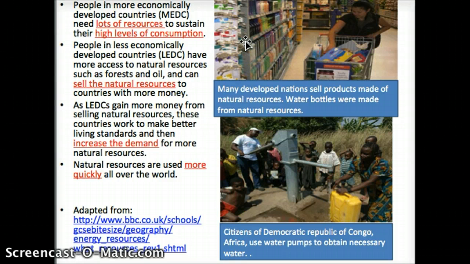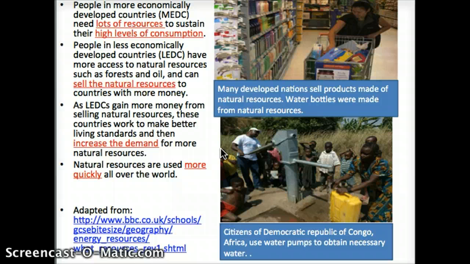So right now there's a shift. What happens is the people in less economically developed countries have natural resources to sell to other nations with more money. So as those countries gain more money from selling these natural resources, they are getting more and more developed. So people who live in those countries are getting a better standard of living.